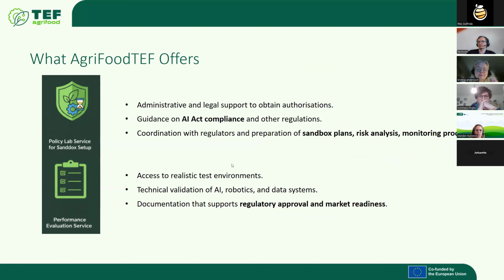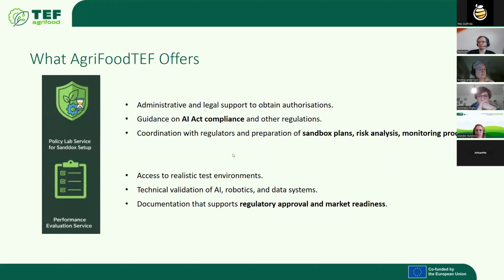The first service focuses on regulatory and administrative support. We help companies obtain the necessary authorizations and navigate complex legal and administrative procedures. This includes practical guidelines on the AI Act and other relevant regulations.